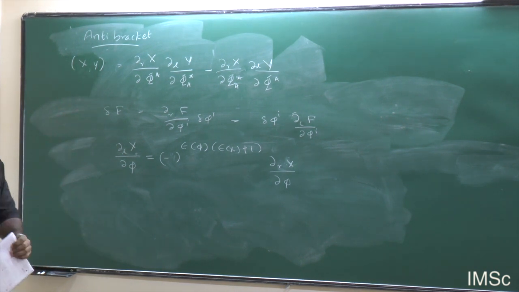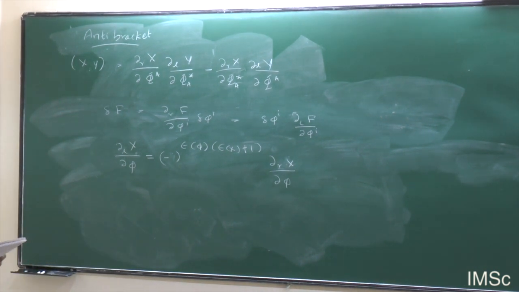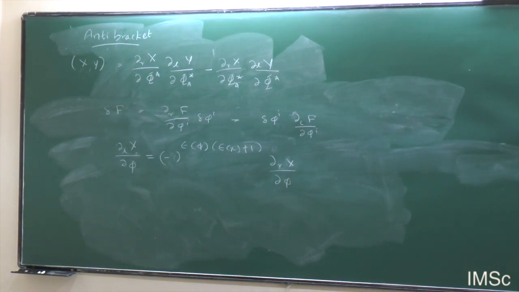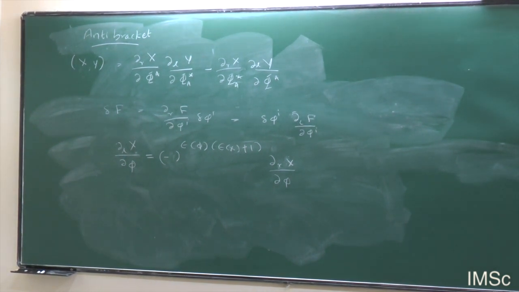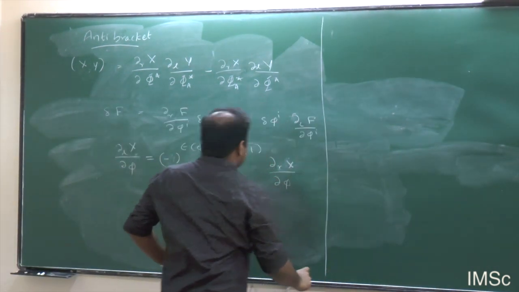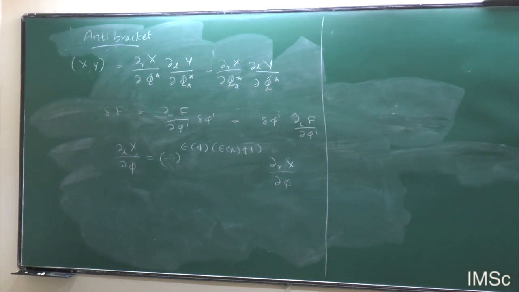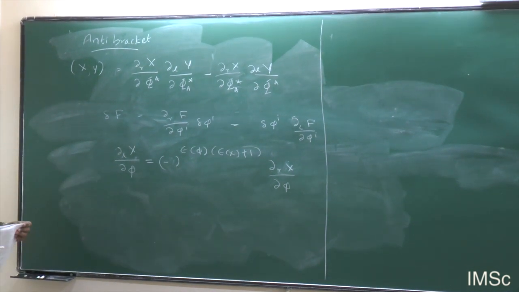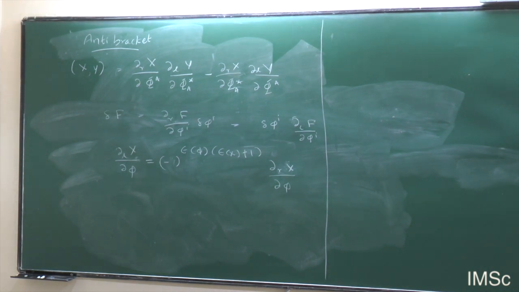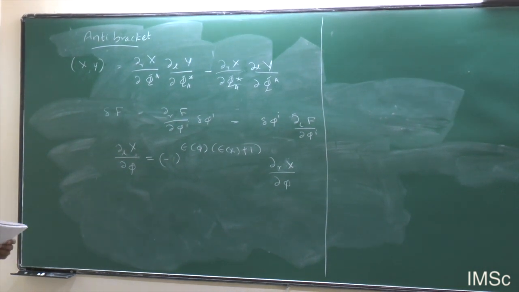Will there be something like a Jacobi identity for this kind of thing? Yes, I'm going to write down the identities. You can think of this as almost like a Poisson bracket, though it's more like a graded version of a Poisson bracket.